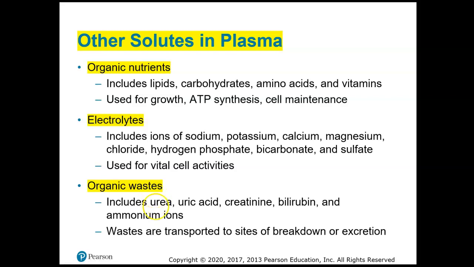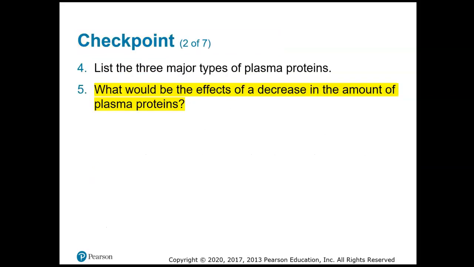Then we have waste like urea, uric acid, creatinine, bilirubin, and ammonium ions. These are going to be transported to sites where they can be excreted from the body.